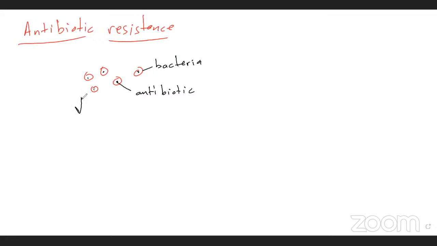But some of them actually survive. Now, those that survive are going to reproduce, right? The bacteria that survived the antibiotics would have something in them that made them resistant.